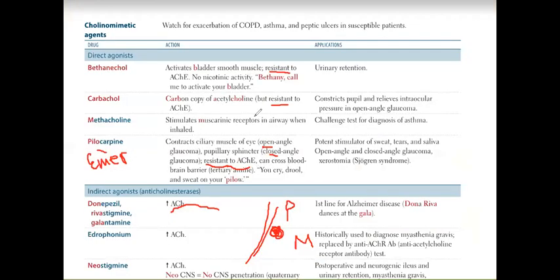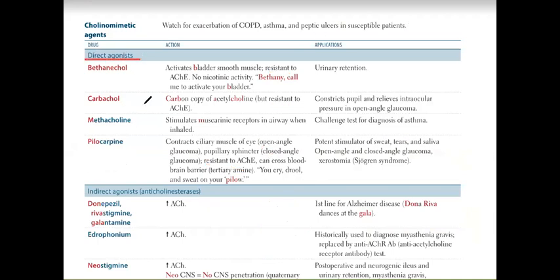Then you see the most important thing in this direct agonist, which you read for the very first time and have not read in the previous drugs we studied, is that pilocarpine has a tendency to cross the blood-brain barrier. It is a tertiary amine. So any drug that is a tertiary amine, if you go and give it a read of pilocarpine from Lippincott, or other drugs, you will understand that any drug that has three amines attached to it.